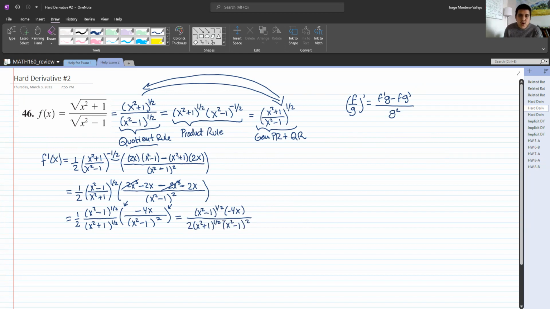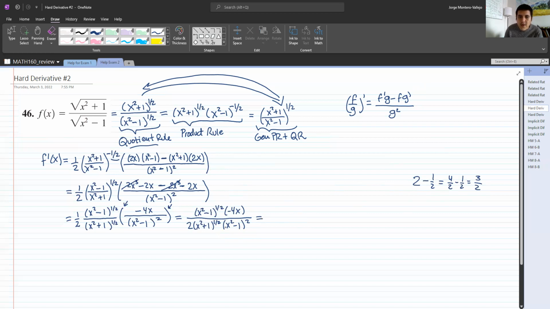You see that the x squared minus 1 shows up on the numerator and denominator. Therefore, I can do something with those powers. I should do 2 minus 1/2, right? And I will end up with one single x squared minus 1 in the denominator with that power. 2 minus 1/2, that's the same as 4/2 minus 1/2, that is 3/2, right?